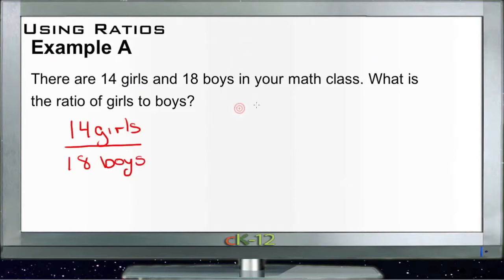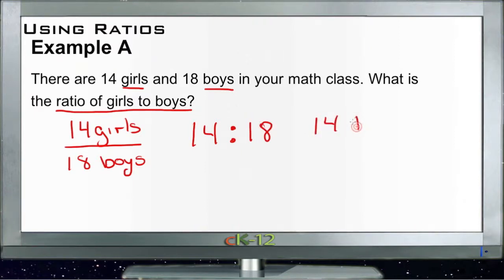And note that I did put them in that order. I said girls first, and then boys, because that's what it asked, the ratio of girls to boys. We might have written it this way, girls to boys.